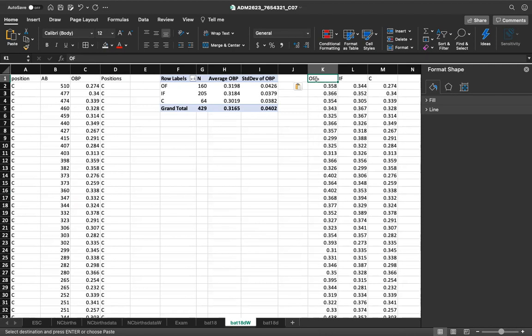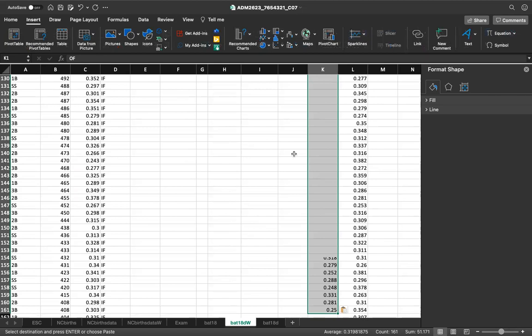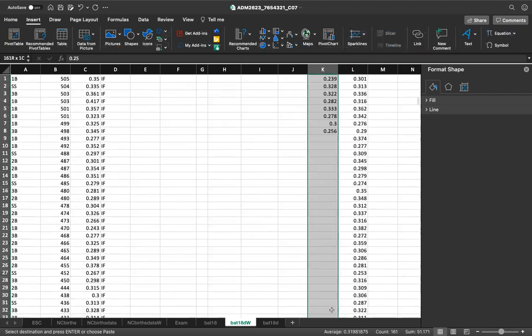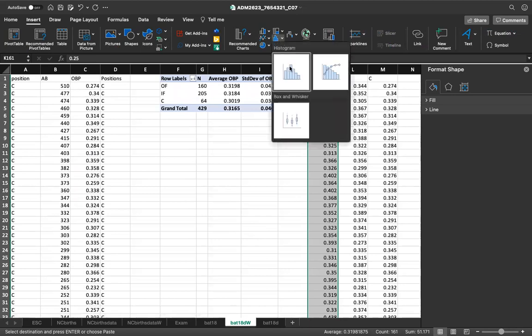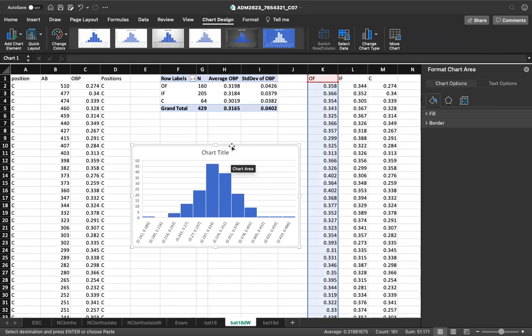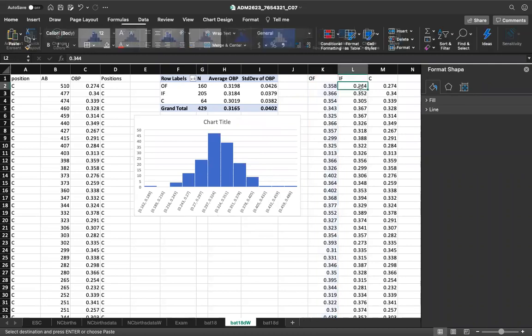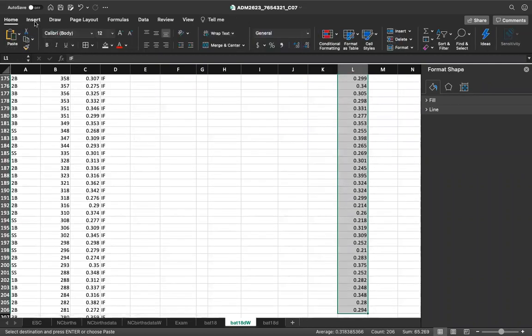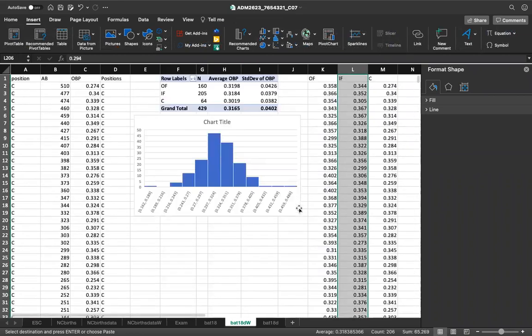All right, so let's create the histogram for each of them. We go from bottom to the top so that the histogram is placed at the top of the sheet. So here is the histogram number 1. So again, take it from bottom to the top.